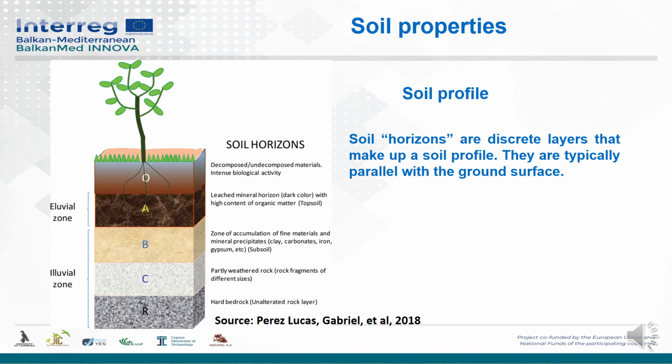And then comes the horizon C, which is partly weathered rock. Here, the rock is not transformed totally to soil. It shows the origin of the soil from rock, and here we find rock fragments of different sizes.